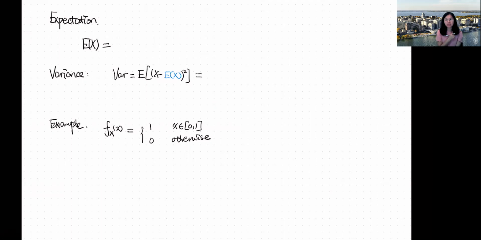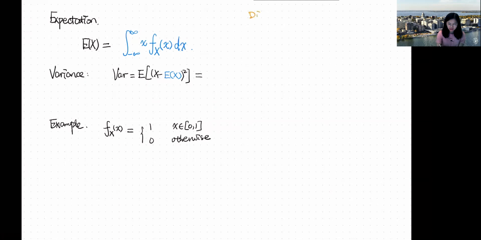For continuous random variables, the idea of the definition is the same, but instead of using summation to define expectation, we now need to use an integral: the integral of x times the PDF of x dx. This is analogous to the discrete case.